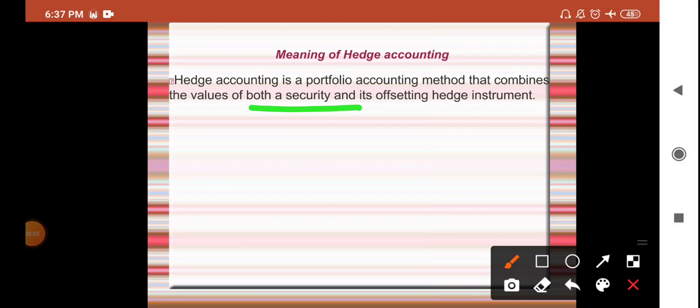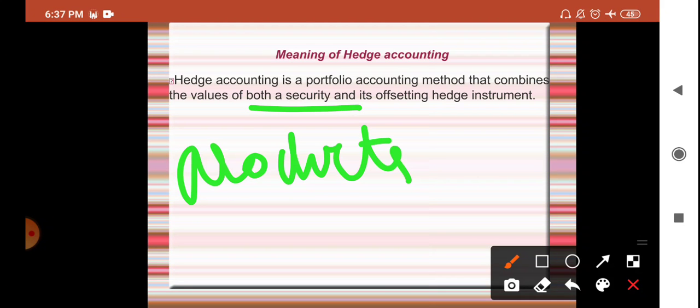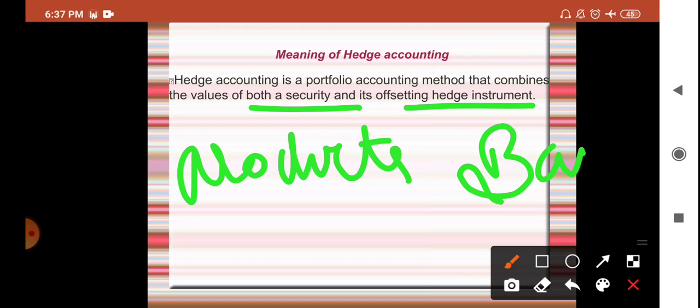Security here, in the example, was the products, and the offsetting hedging instrument was the bank.